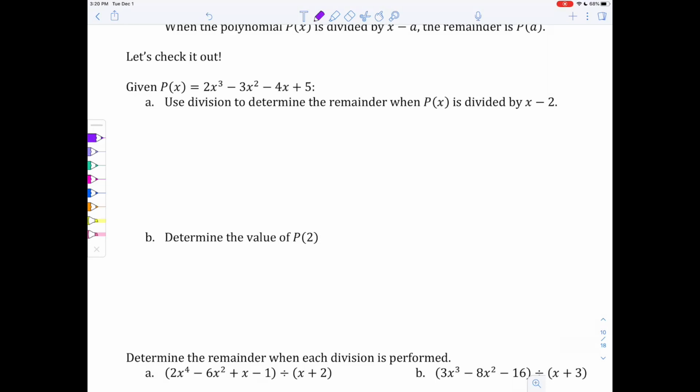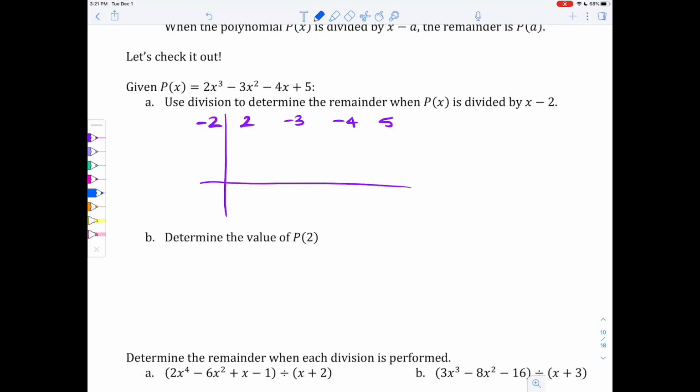My preferred method for the amount of space we have here is going to be synthetic division. So I'll set up my coefficients. We've got 2, -3, -4, and 5. And we're dividing by x minus 2.